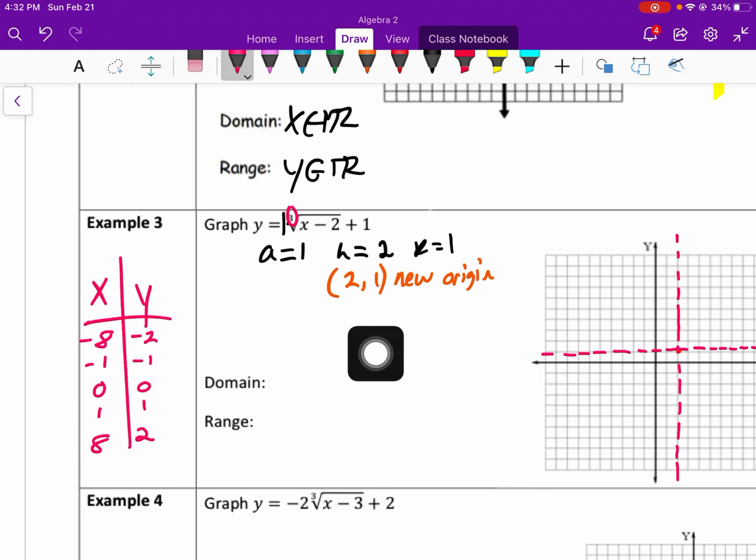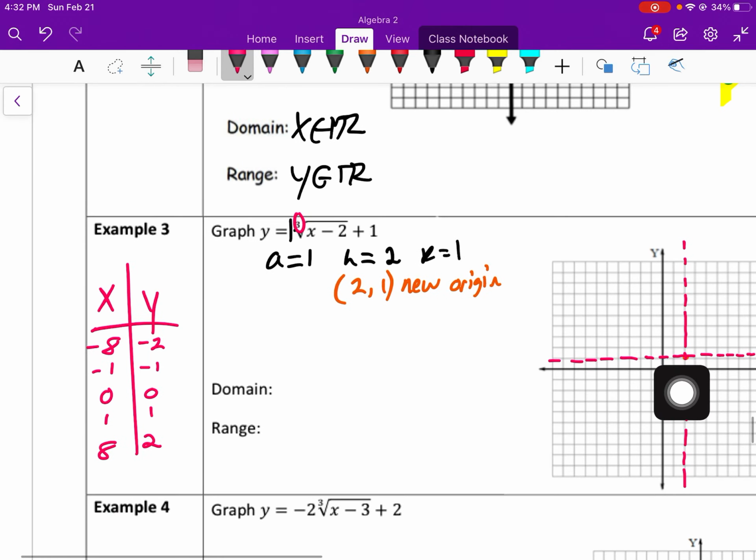So if we were centered at the origin, we would go to the left 8, down 2. Our new origin is here. So just like with our conic section, we're going to go from what would be like our center, and shift to the left 8 and down 2, because this is our new origin.